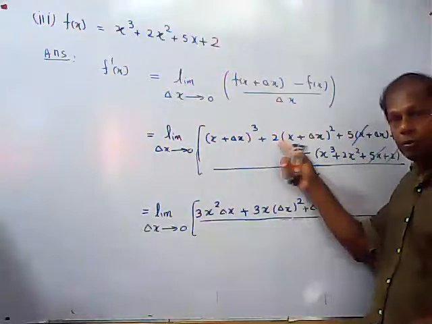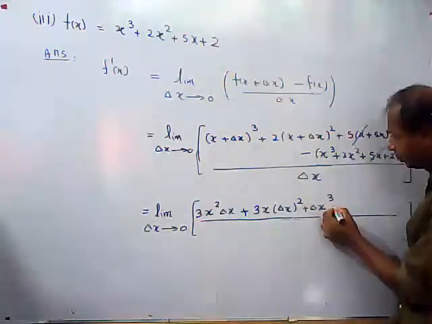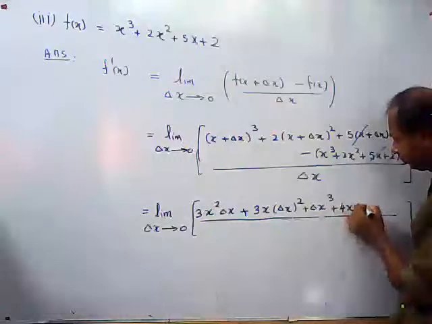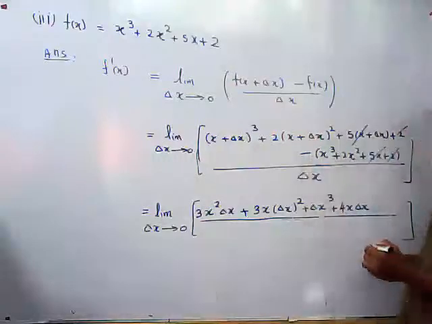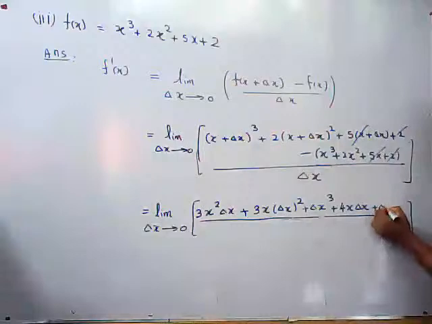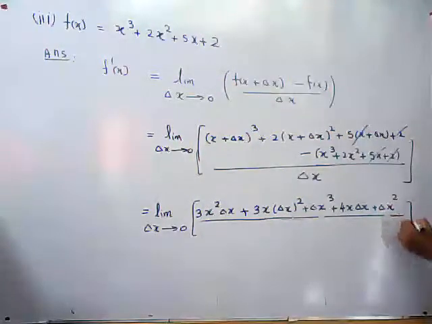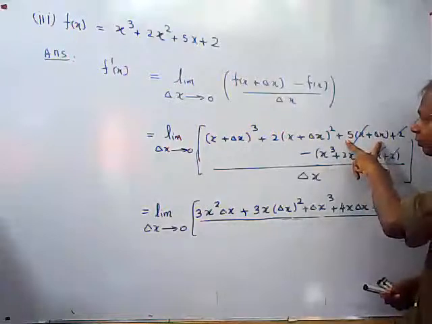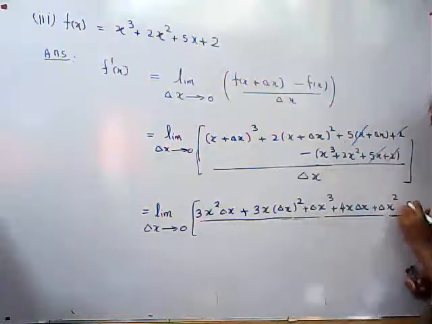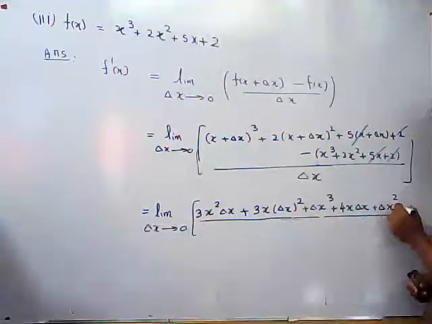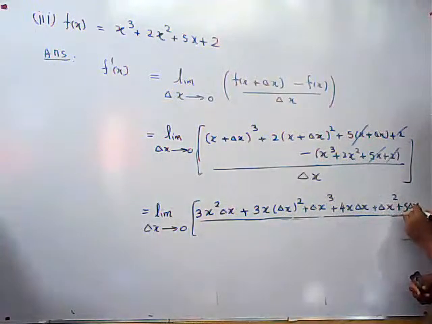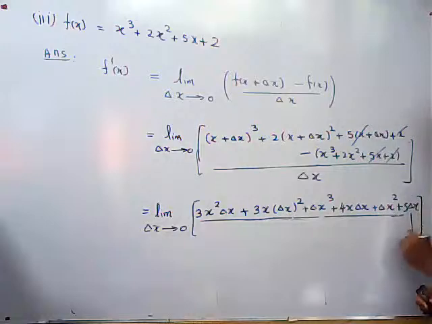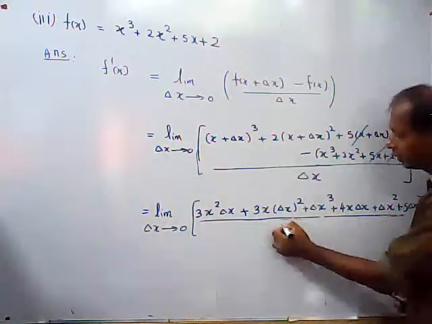So I'll give 4x delta x plus the last term delta x squared, and there will be one last term plus 5 delta x, divided by delta x.